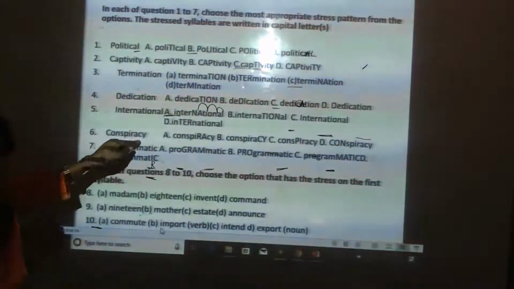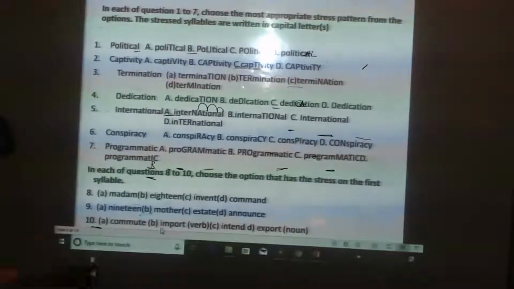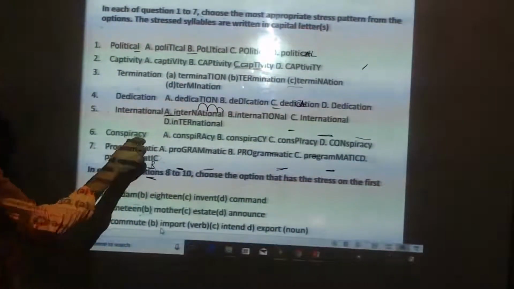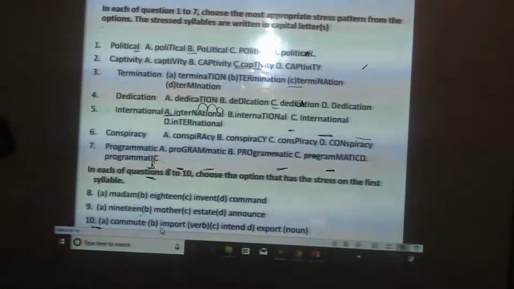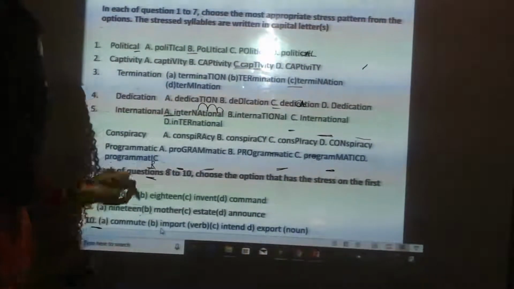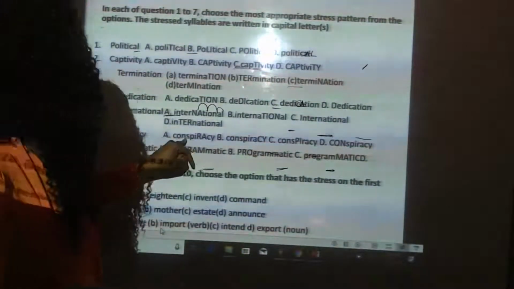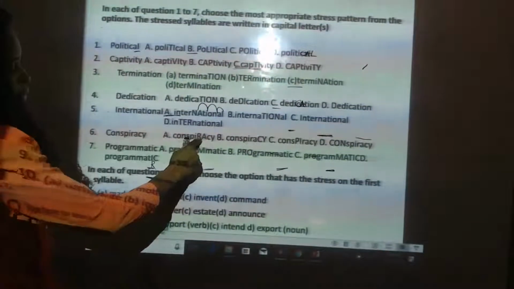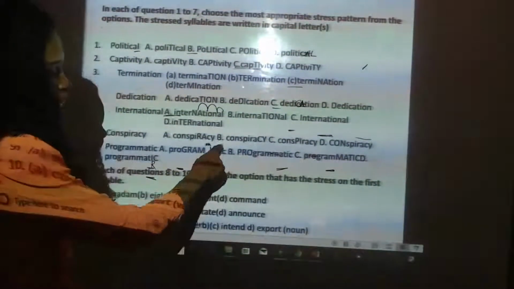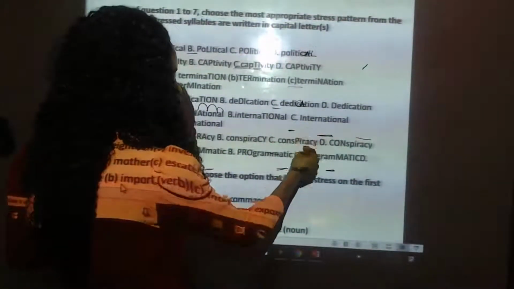Next, we have conspiracy, and conspiracy is ending with the letters CY, which means our answer will be coming from the third to the last also. For example, here we have conspiracy, and PI here is carrying the stress, and it is the third from the last.